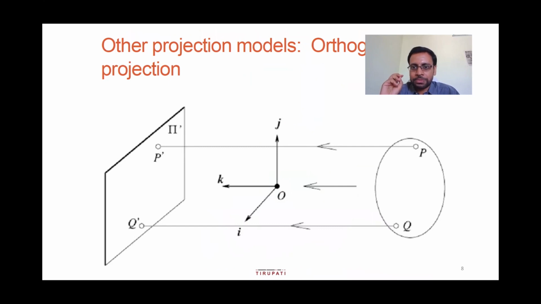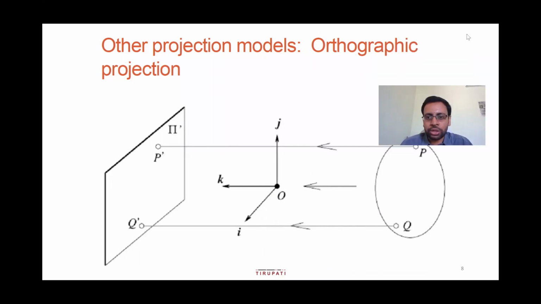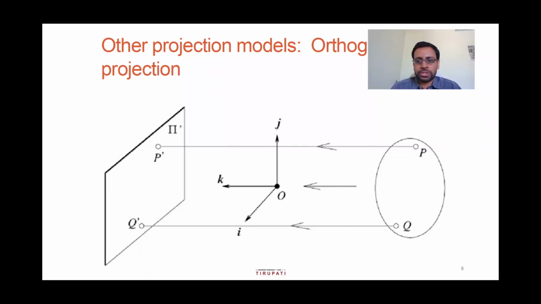One of them is referred to as orthographic projection, sorry, not orthogonal projection, where you have this 3D object and a screen parallel to it, and you just project it onto the screen. So you simply lose the Z information, but the X and Y coordinates remain the same.